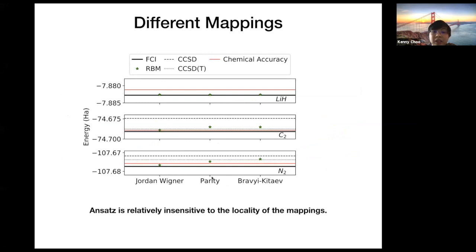While the Jordan-Wigner and parity are both extensive in the system size in terms of the size of the operators, the Bravyi-Kitaev, as I mentioned earlier, is only log n in the system size. However, it seems like all the different mappings give relatively the same result, and we get a relatively decent accuracy regardless of the mapping that we use.